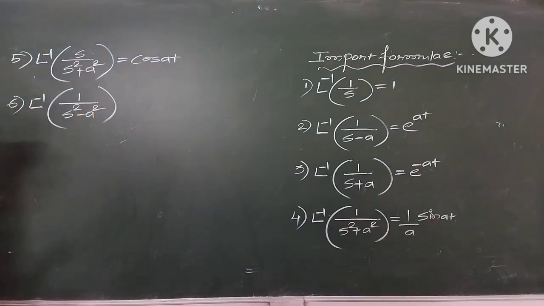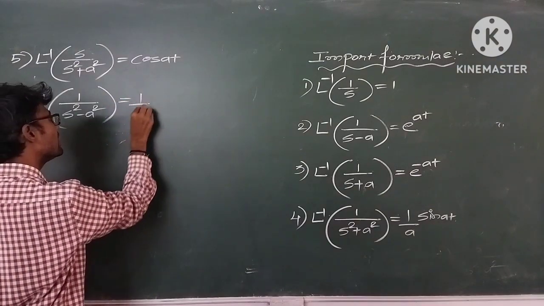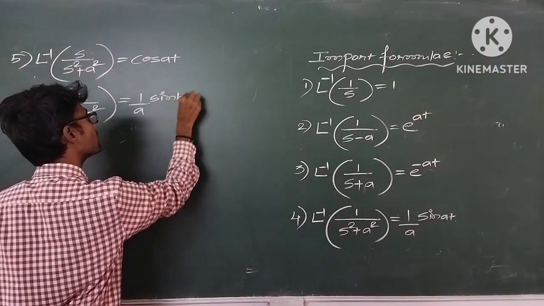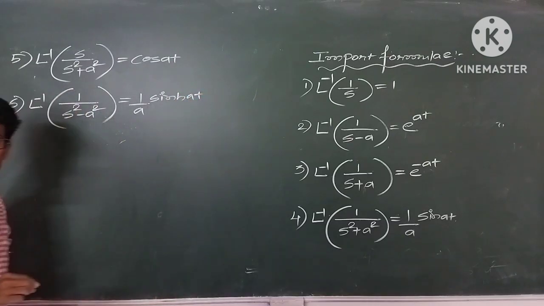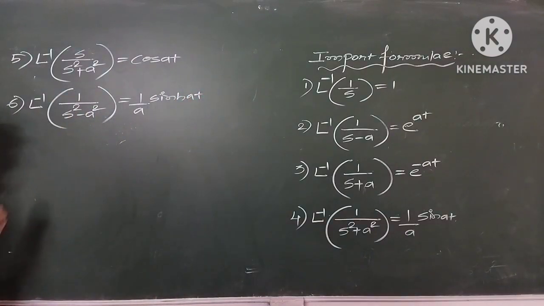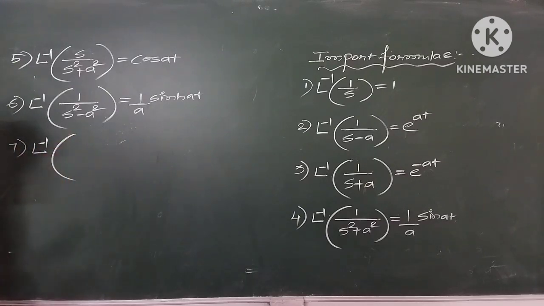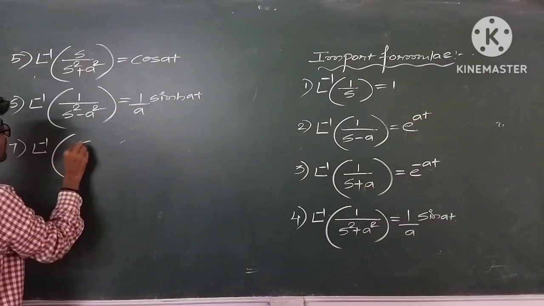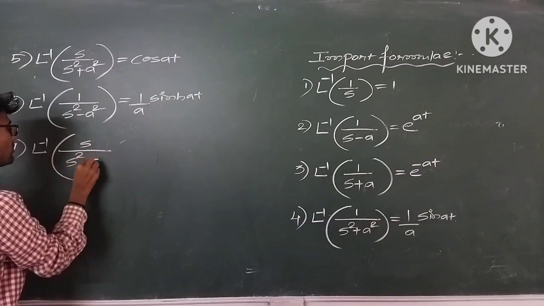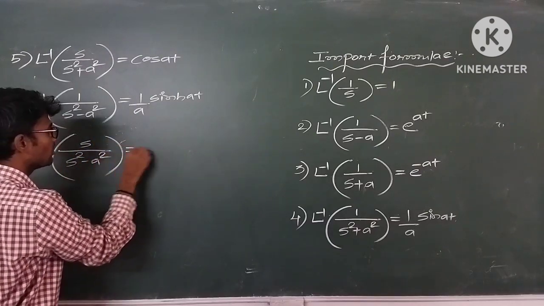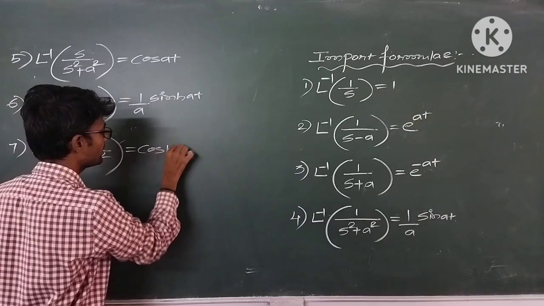Inverse Laplace transform of 1 divided by s square minus a square is equal to 1 by a into sin hyperbolic at. Important formula, remember. Next, inverse Laplace transform of s divided by s square minus a square is equal to cos hyperbolic at.